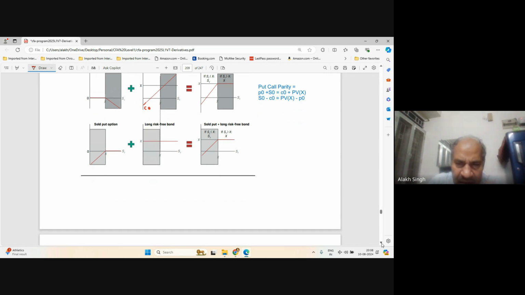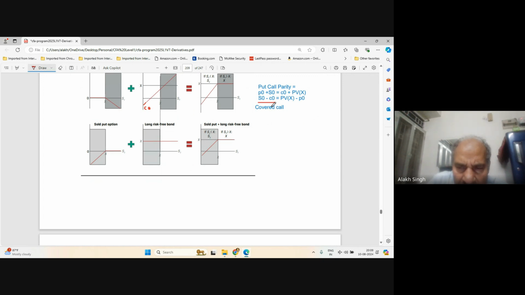And this one was the equation of covered call. This part is called covered call. So let me write this. S0 minus P0 is covered call, this part.